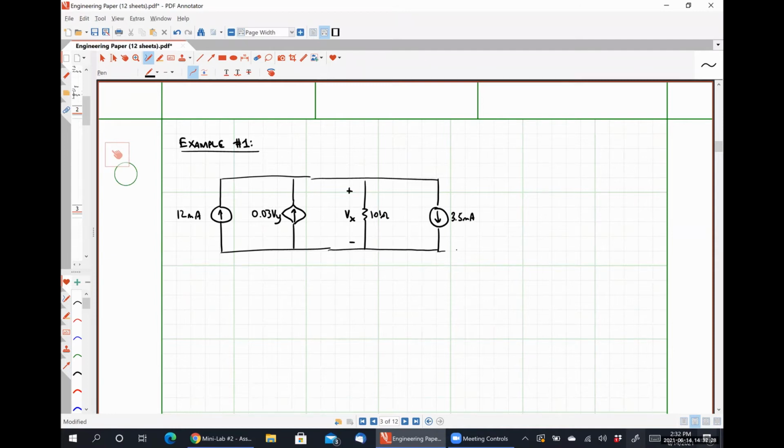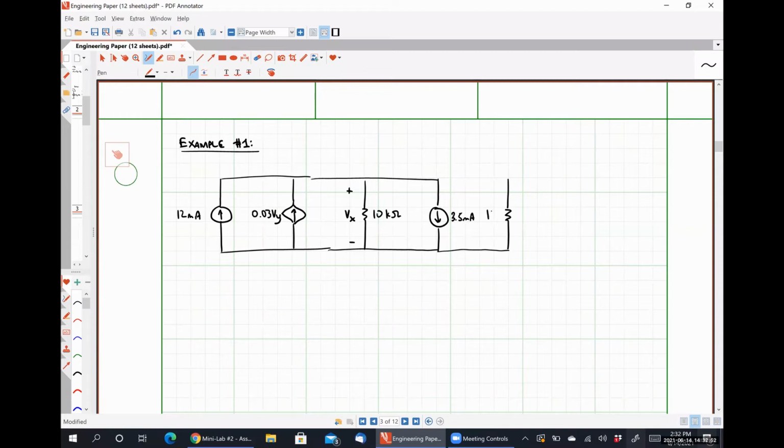There's a second portion of the circuit over here on the right. Professor, is that 101 ohms or 100 or 10 ohms for the Vx? 10 kilo ohms. Let me write that. Okay, sorry. Nope, no problem, 10 kilo ohms. All right, thank you.